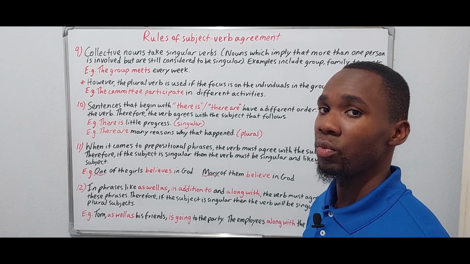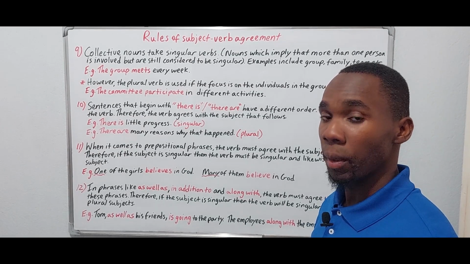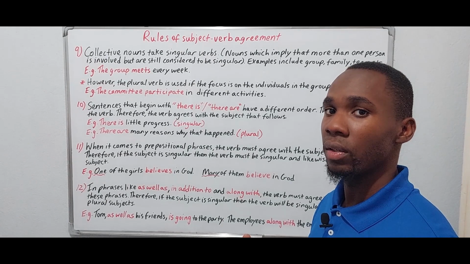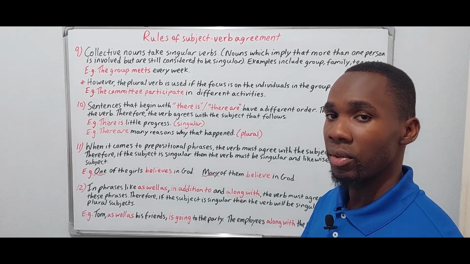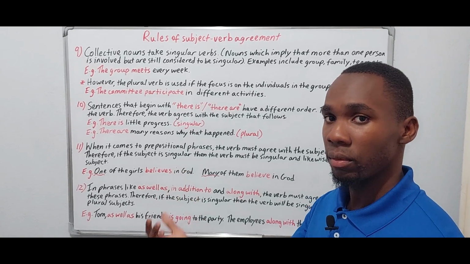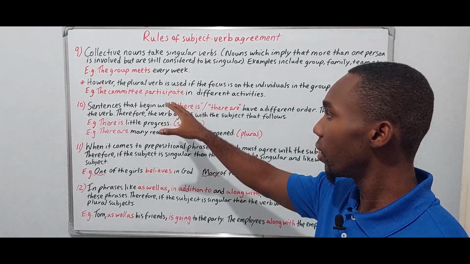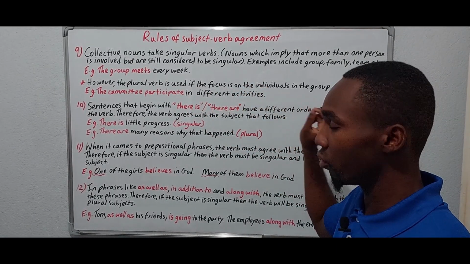But there are instances where we can use a plural verb with a collective noun. This is where we want to emphasize the members of the particular group. For example, the plural verb is used if the focus is on the individuals in the group.